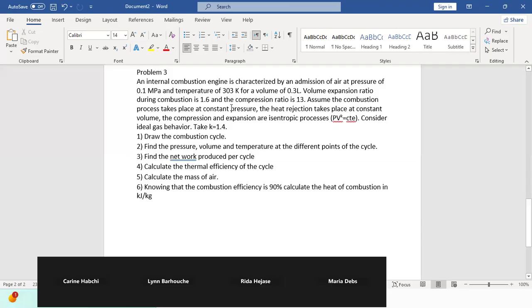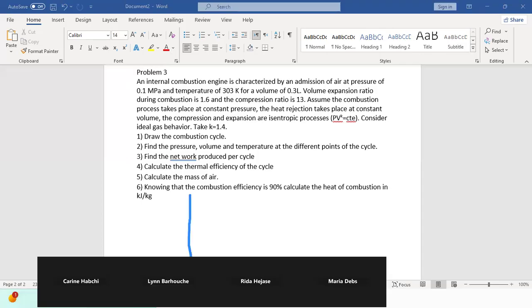Assume that the combustion process takes place at constant pressure, the heat rejection takes place at constant volume, and the compression and expansion are isentropic processes described by PV^k equal to a constant. Consider ideal gas behavior with k equal to 1.4. We want to try together first to draw this combustion cycle and analyze what is happening in our engine. Okay, the idea is as follows.